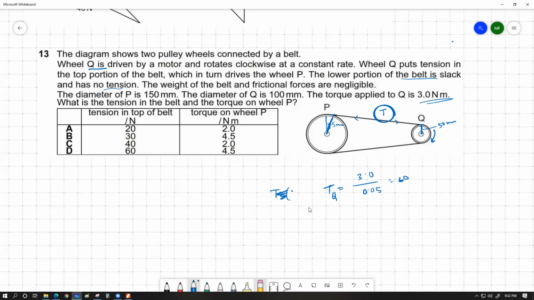A 60 Newton tension on the belt should be also equal to tension for P.